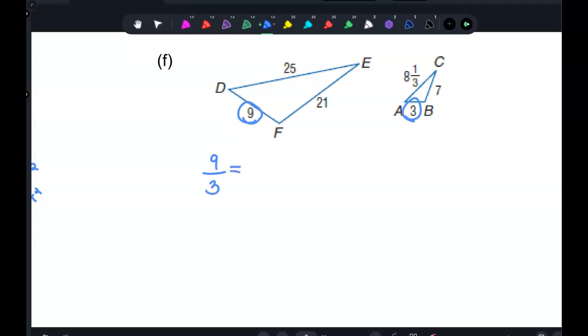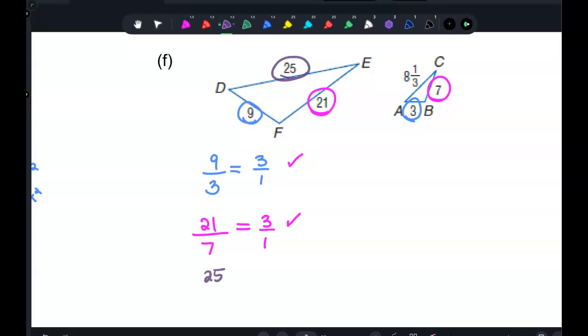So 9 over 3 has a ratio of 3 to 1. 21 is the next biggest side, so that has to correspond to 7. So far we have a ratio of 3 to 1. Let's check the last two sides.